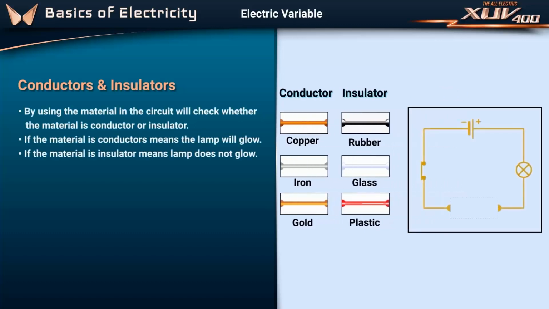By using the material in the circuit, we'll check whether the material is a conductor or an insulator. If the material is a conductor, the lamp will glow. If the material is an insulator, the lamp does not glow. Copper material is a conductor.